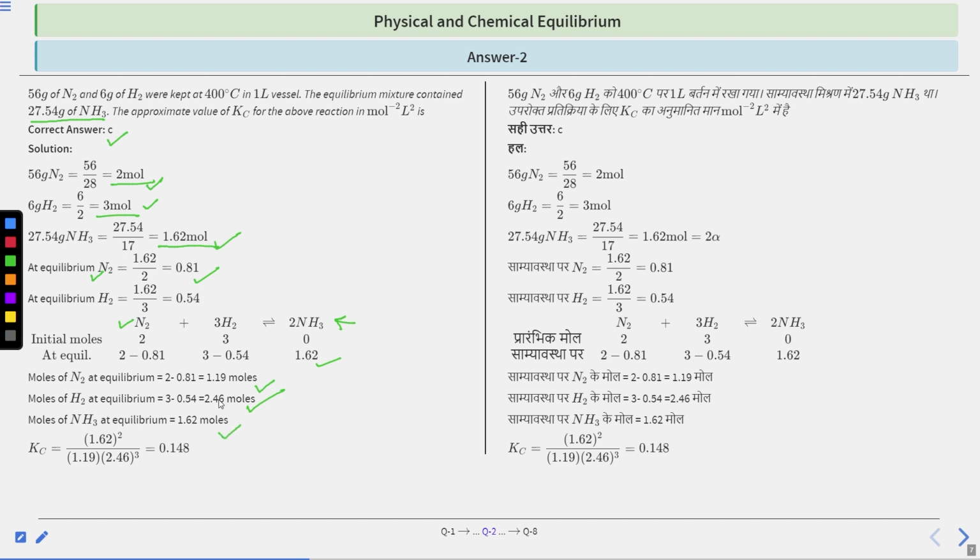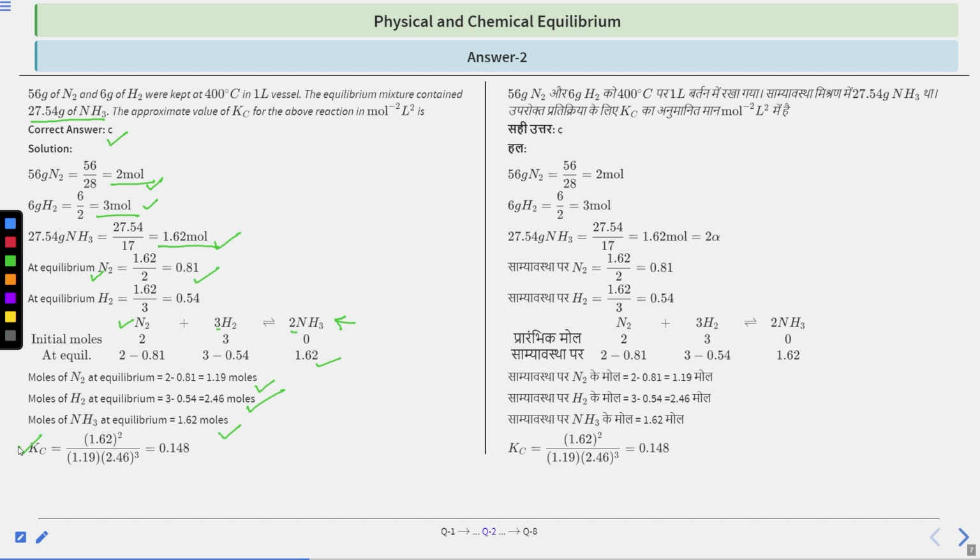So we have our number of moles for each of the molecules at the equilibrium. So the equilibrium constant will become equal to the concentration of the product, which is NH3 to the whole power 2 because 2 is the stoichiometric coefficient, divided by the reactants' concentration: 1.19 into 2.46, where 2.46 is for H2, and the H2 concentration is to the power 3 because 3 is the stoichiometric coefficient for H2.